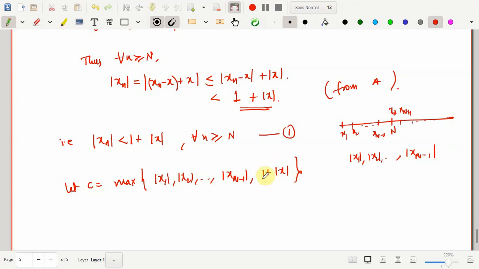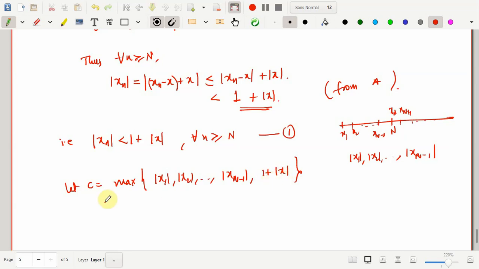Now, since I know that this is positive, strictly greater than 0, if there is something from these terms that is dominating this term, which is strictly greater than this 1 plus mod of x, then obviously it has to be greater than 0. If at all not, then this would serve as the maximum.